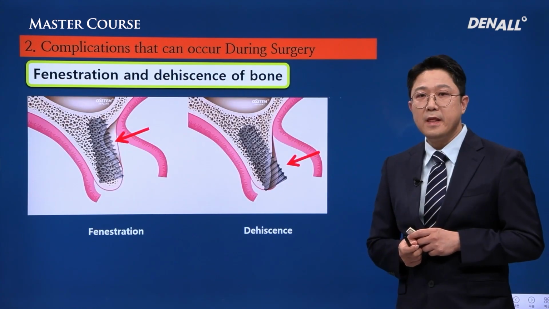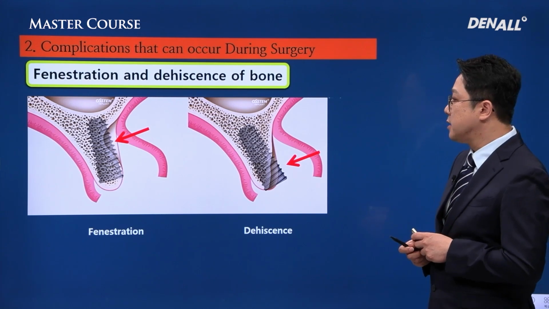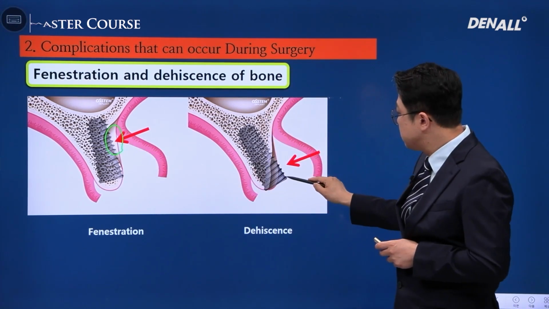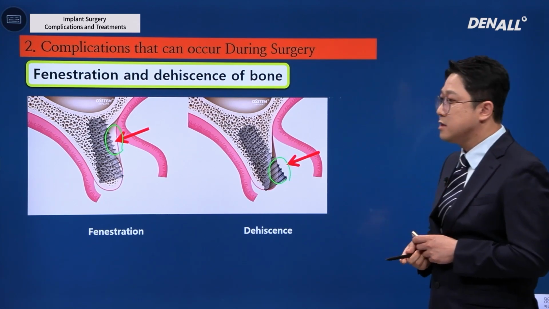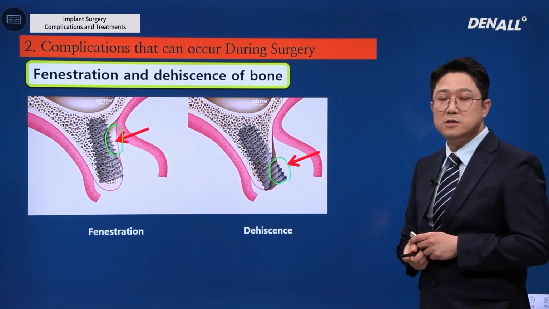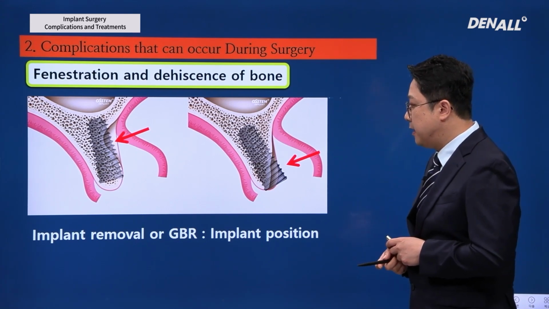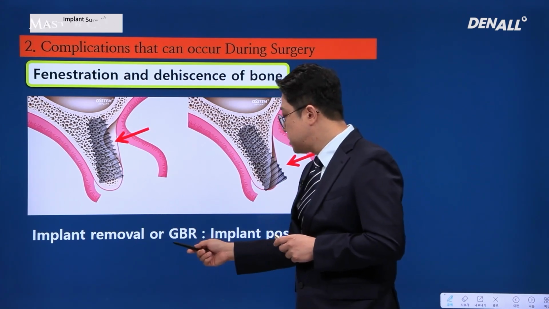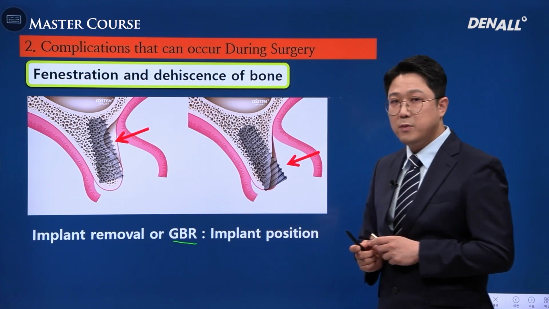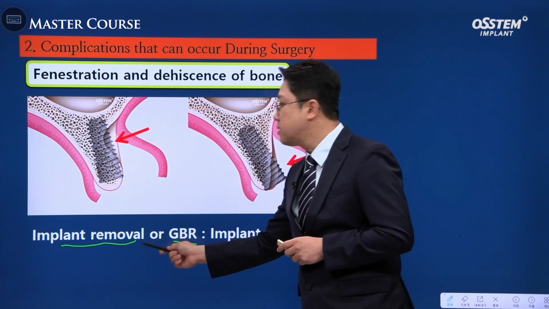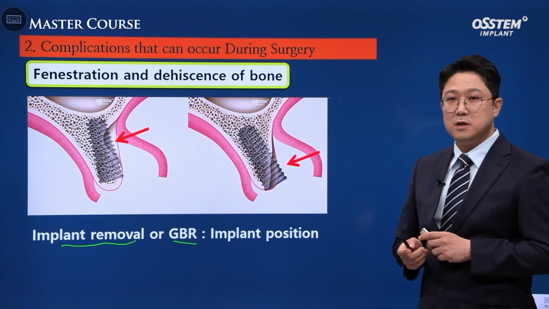When you do surgery, there can be fenestration or dehiscence. There are a few methods, two methods to respond to this. First is to do GBR to restore this area or to remove the implant, and to change the position of the implant.